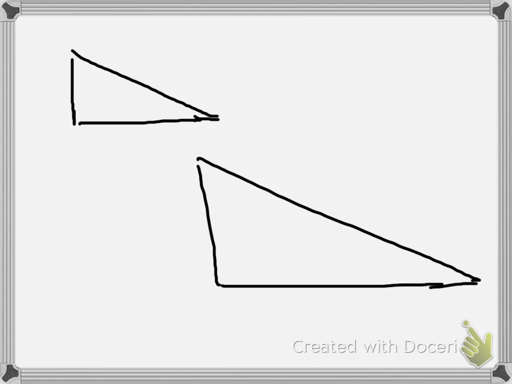Now let's say I give you some sides: I tell you that this is 4 and this is 6, and I tell you that this is 7, and I don't tell you any other information.